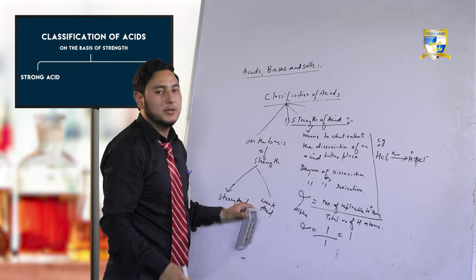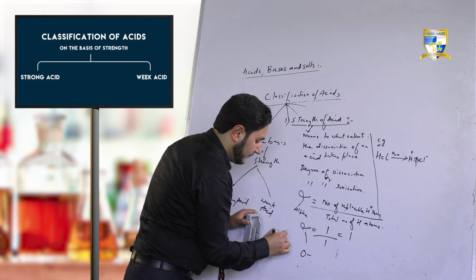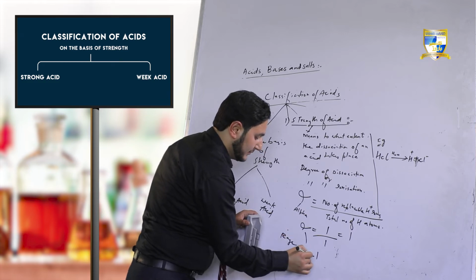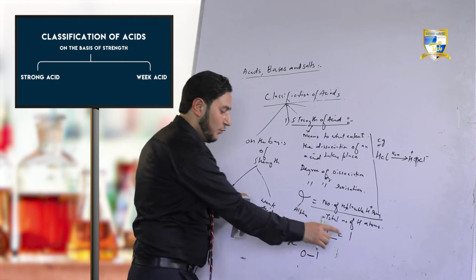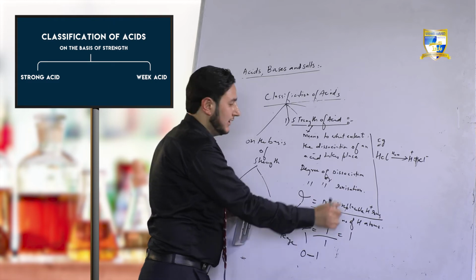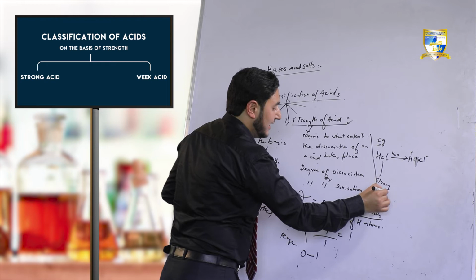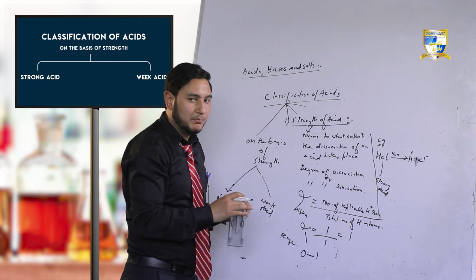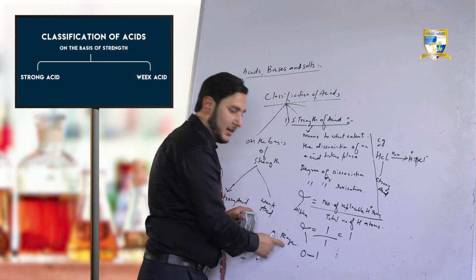So alpha is equal to 1. Since the value of alpha ranges from 0 to 1, 1 being the highest value, that is a strong acid. Since the dissociation of HCl is 1, it will be called a strong acid. That is, the dissociation is complete, meaning the value of alpha is 1.